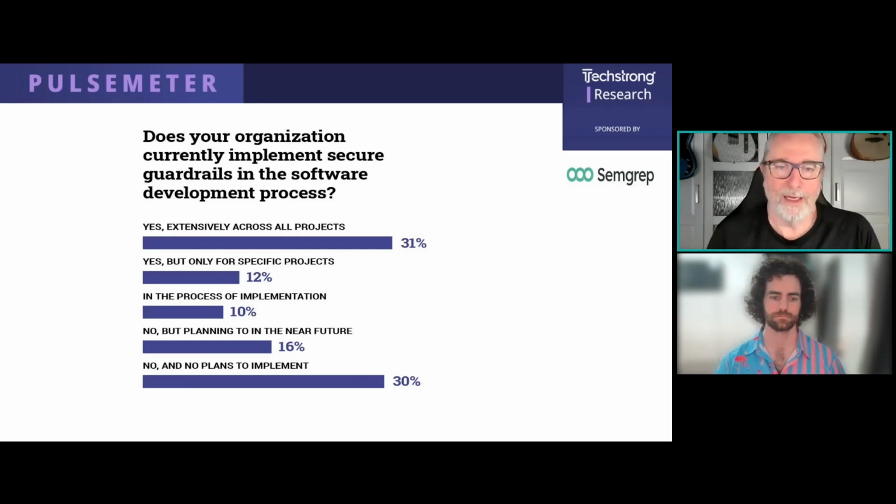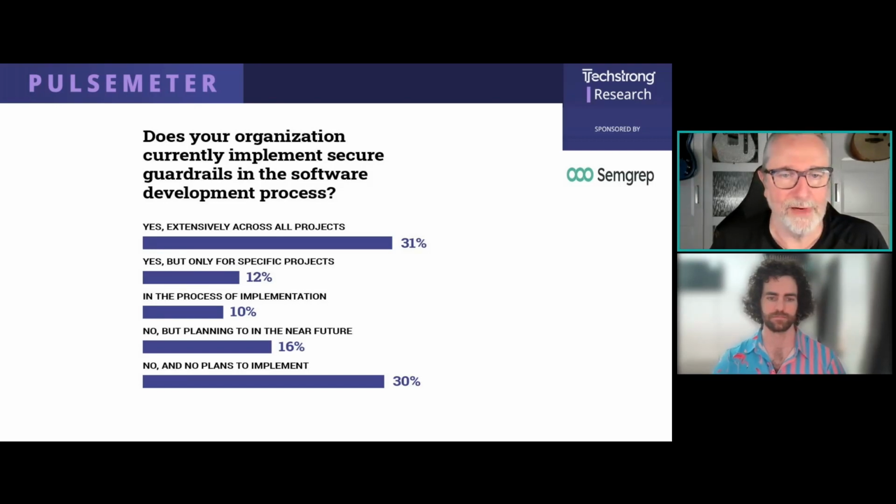On the other end, about the same, 30% said no and no plans to implement. Maybe they weren't familiar with secure guardrails, or maybe saw some challenges to be able to do it and just not tackling that. And then other folks were kind of in the middle of that spectrum, like, yeah, but we don't do it for everything, or no, but we're planning to, or we're in the middle of this process. So it's kind of interesting that it fell into those three groups.